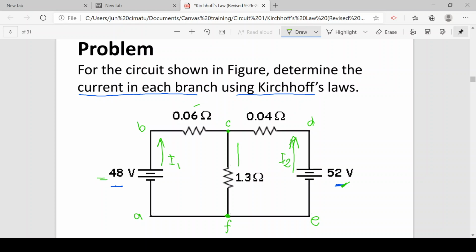And this is the current at the 1.3 ohm. Since I sub 1 and I sub 2 are both entering junction C, and since there's no source in this branch, the current in the 1.3 ohm resistor is going downward. So the current that enters is balanced with the current that goes out of the junction, satisfying Kirchhoff's current law.